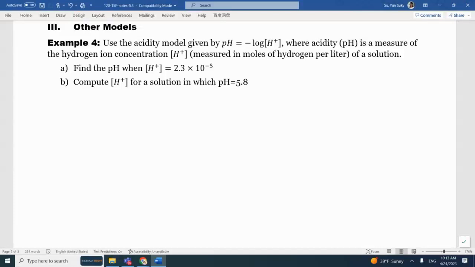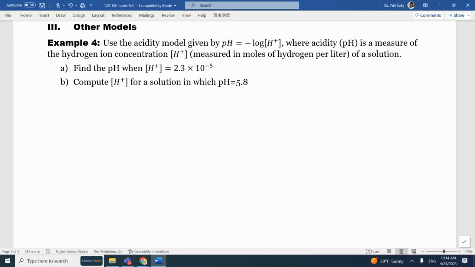Find the pH if the hydrogen ion concentration is 2.3 times 10 to the negative 5. Okay, and then compare this with a solution with pH 5.8.